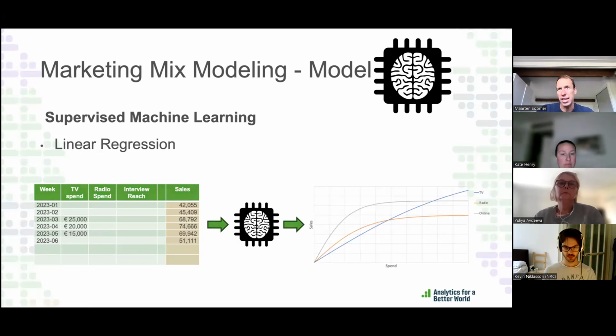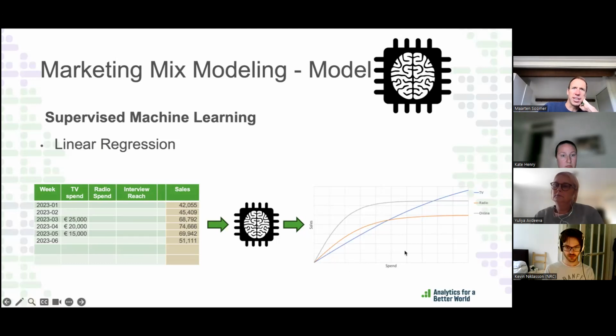Actually, we are mainly interested in understanding impact, understanding how impactful a certain channel is, how effective it is. And there, linear regression is really suitable because it gives us the coefficients in the end. So we understand the relations between how much money we're spending and how much extra sales that will deliver. And that's what we want to understand in this application.